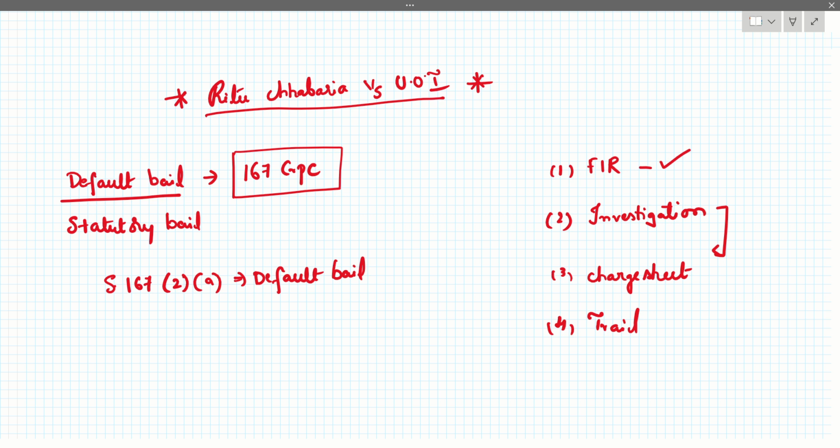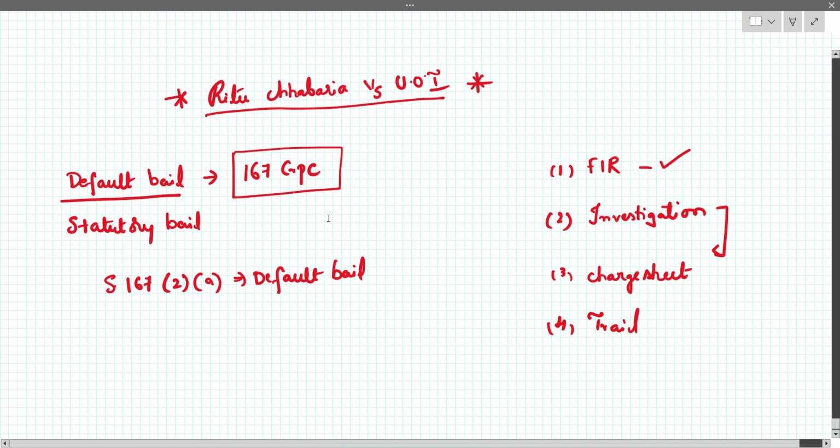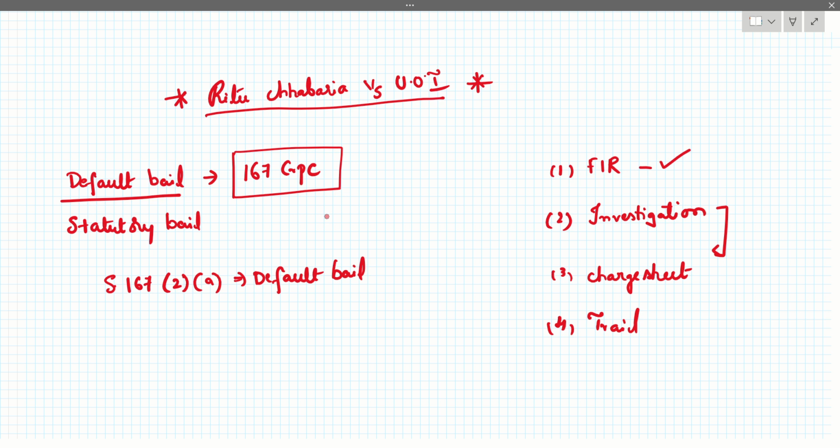After that, the magistrate under section 167 subsection 1 may authorize 15 days of remand, either police custody or judicial custody. Even beyond that, if the police want more time for the purpose of investigation, the default bail concept will be applicable only during the time of investigation.